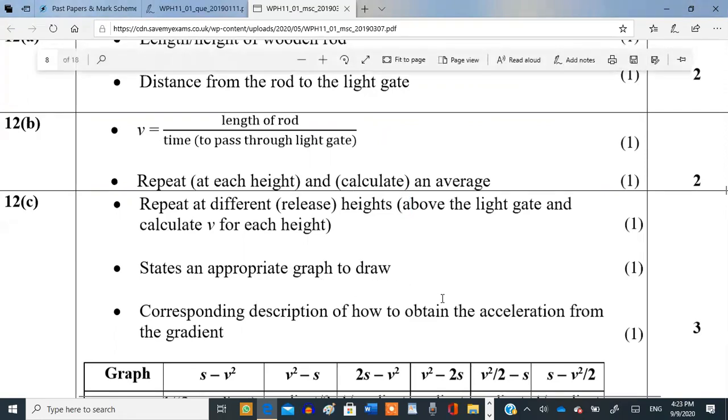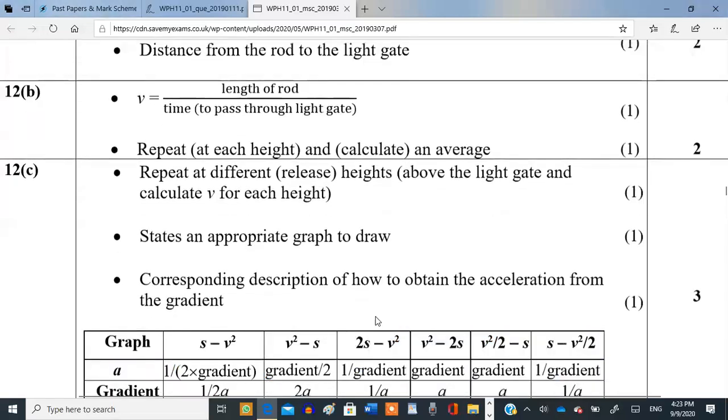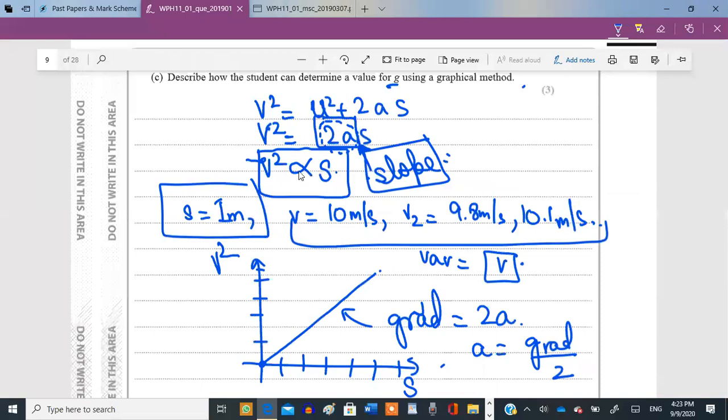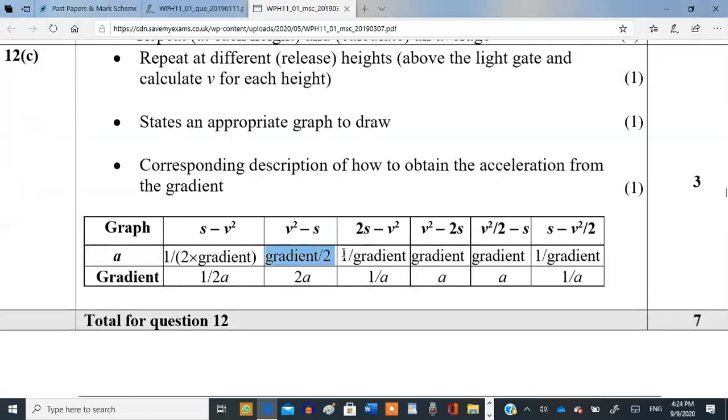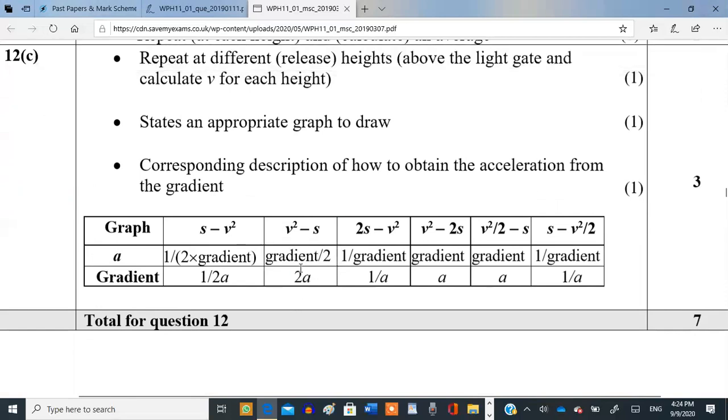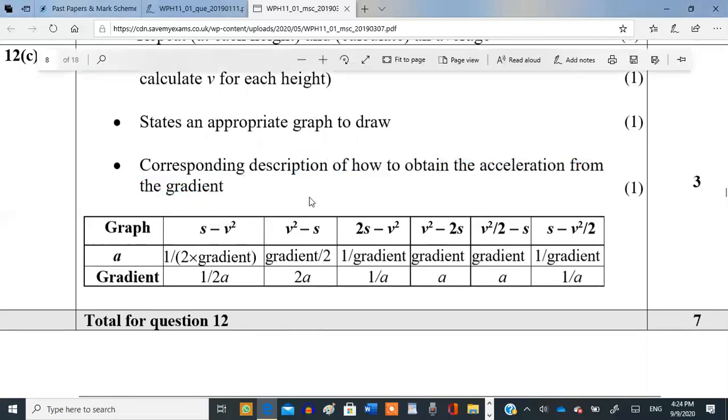You can have different graphs, any of these combinations. The one we drew was v squared against s. The gradient has to be equated to 2a, so the gradient divided by 2 is the acceleration. That is the third statement, stating an appropriate graph to draw and how to obtain the acceleration from the gradient.